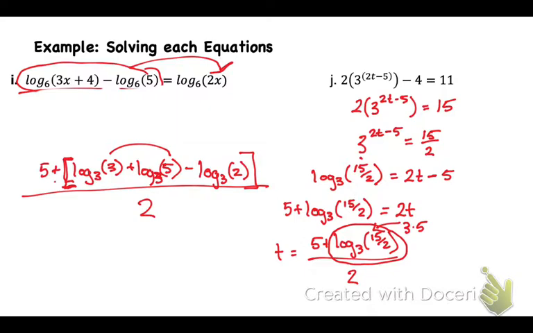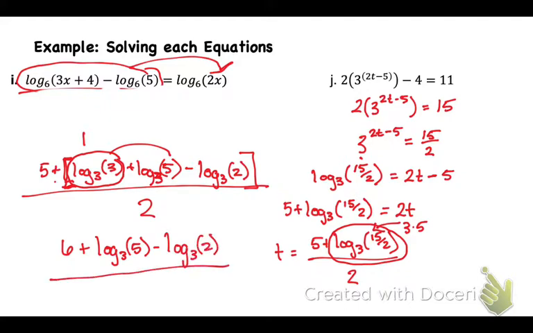What is log base 3 of 3? 1. So it's 5 plus 1 is 6, plus log base 3 of 5 minus log base 3 of 2, all over 2 equals t.